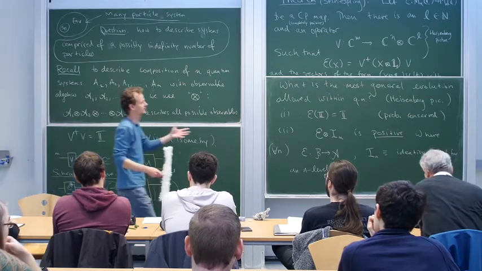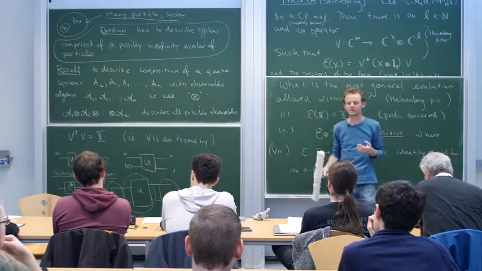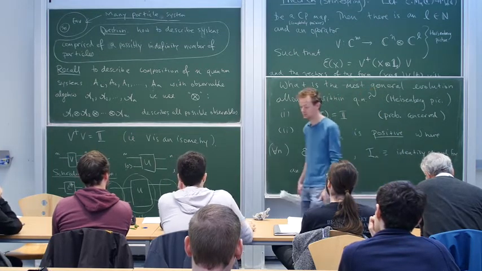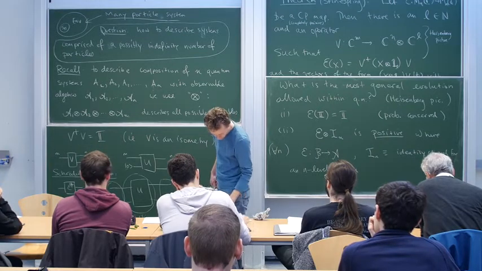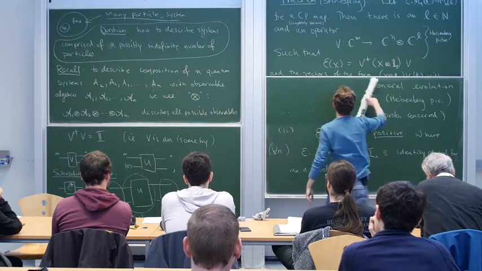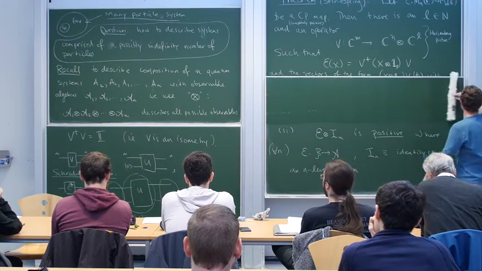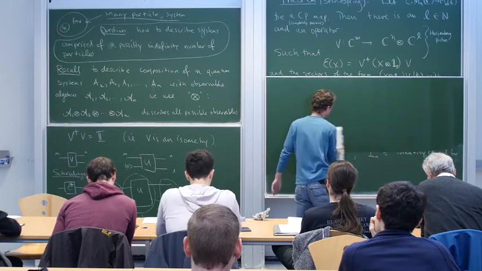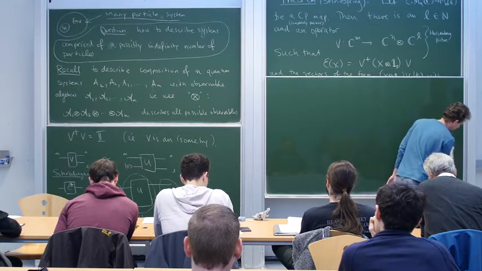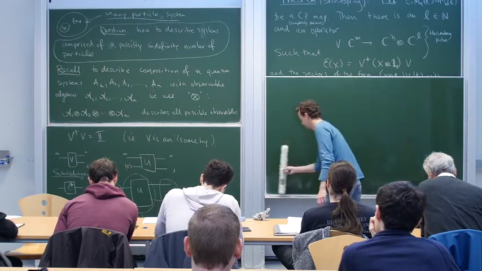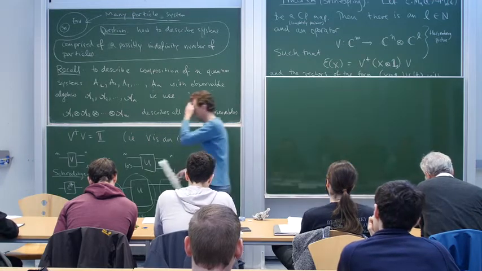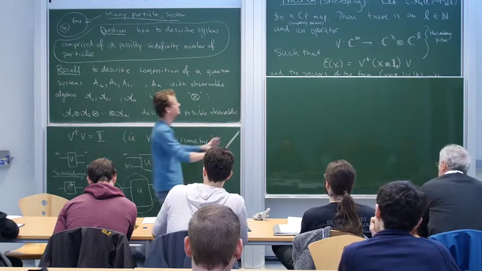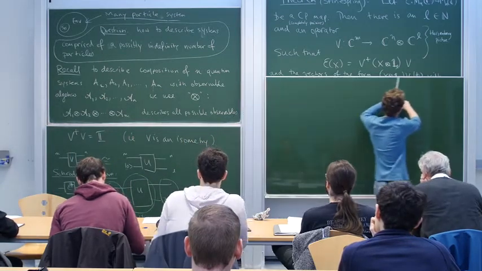So we need to find some way to talk about it. We need to at least write down something in mathematics that will model that. These particles don't necessarily have to be identical particles.